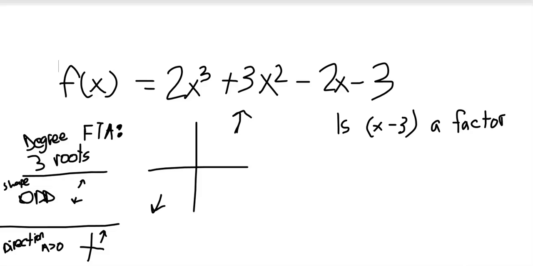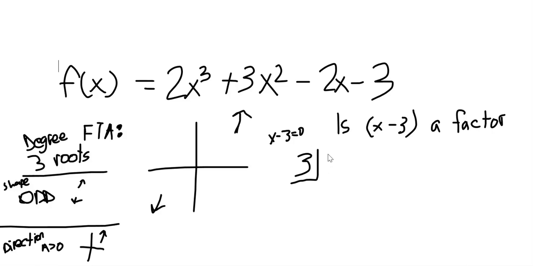All right, so we start with setting up our box on the outside that represents the 0, and the 0 is what we get when we set x minus 3 equal to 0. So if x minus 3 equals 0, then x equals what? Positive 3. So that's what I'm going to put inside the box out here. That's what I'm dividing by.